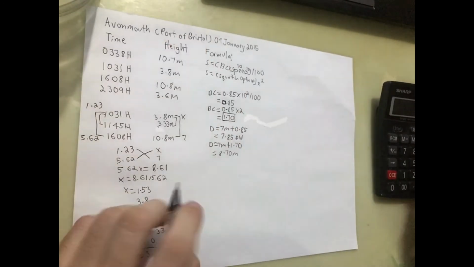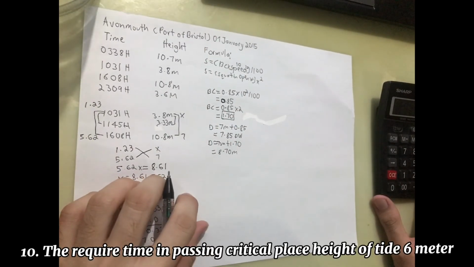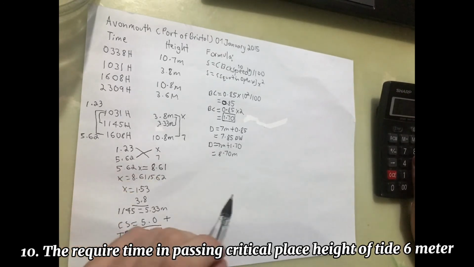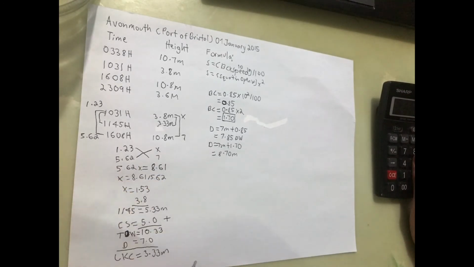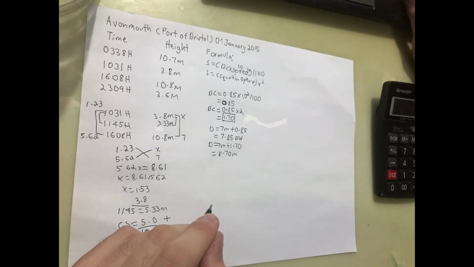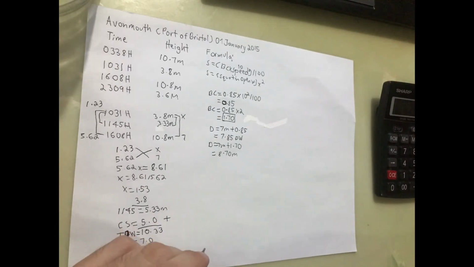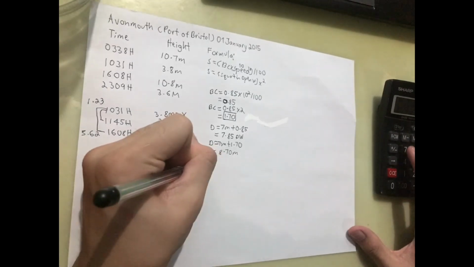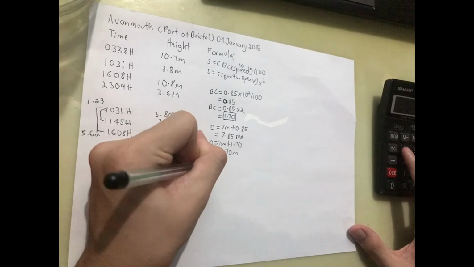The last one, number 10: the required time in passing a critical place with a height of tide of 6 meters. So here we are looking for the time, and it's just like the previous one, we also bring it down. Then we put 10:31 hour because the given is meters or height.